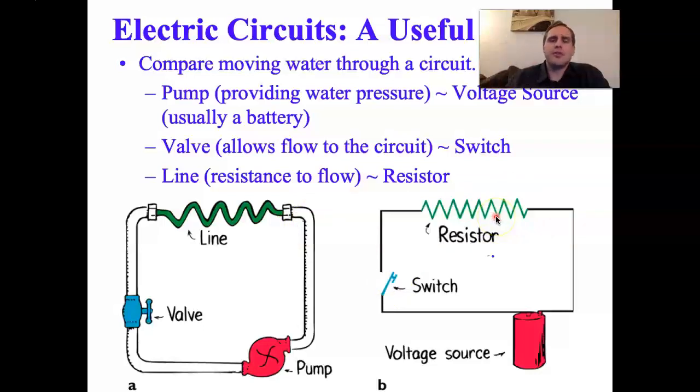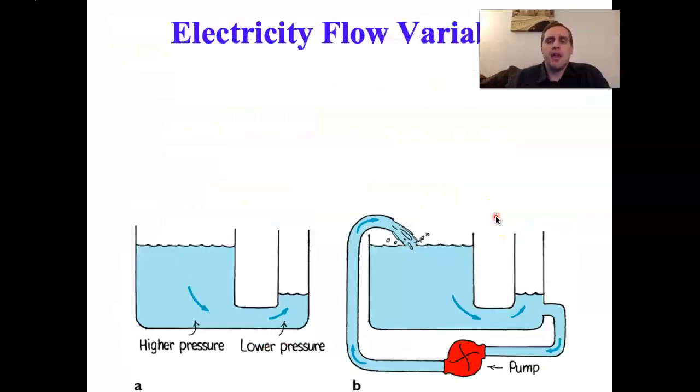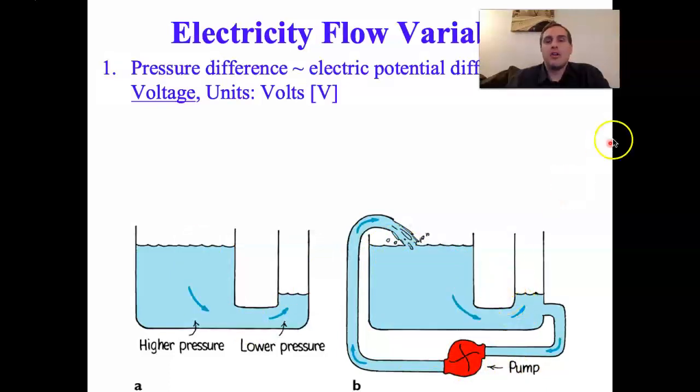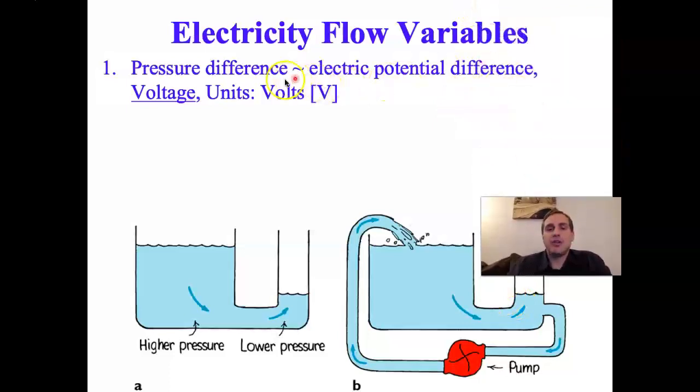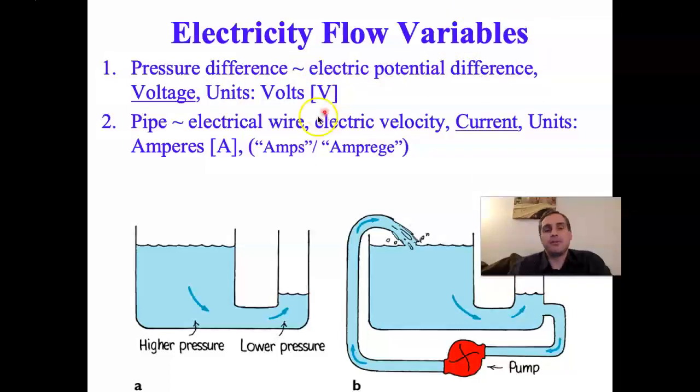So hopefully this is a useful analogy for you to think about. Let's think a little more in detail about this. Notice that if a water pump was maintaining a height difference here, that's very similar to a battery maintaining a voltage difference across the circuit. So a pressure difference can be thought of as an electric potential difference, which has units of volts.